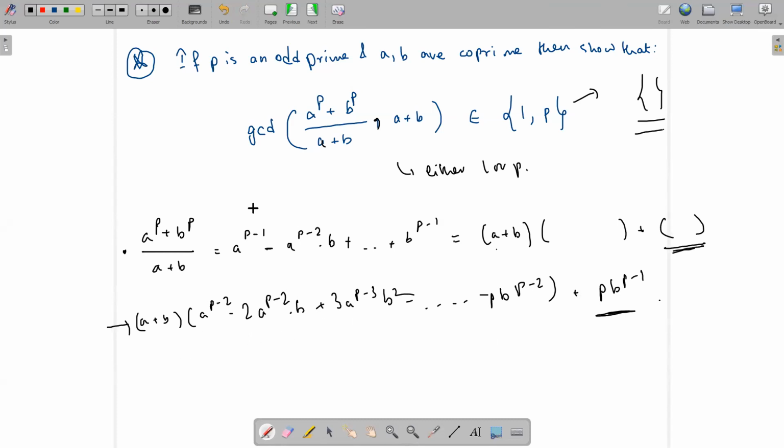If you have to have the GCD, what does this mean? So the GCD of a to the power of p plus b to the power of p, what would this be equal to? This thing, right?